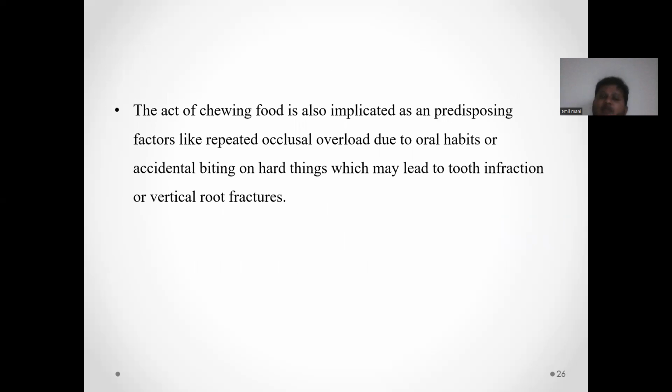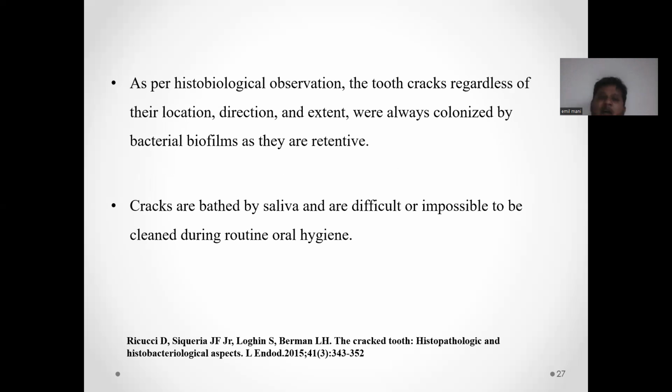The act of chewing food is also implicated as a predisposing factor, like repeated occlusal overload due to oral habits or accidental biting on hard things, which may lead to tooth infraction or vertical root fractures. As per histobiological observation, the tooth cracks, regardless of their location, direction, and extent, were always colonized by bacterial biofilm as they are wide open.